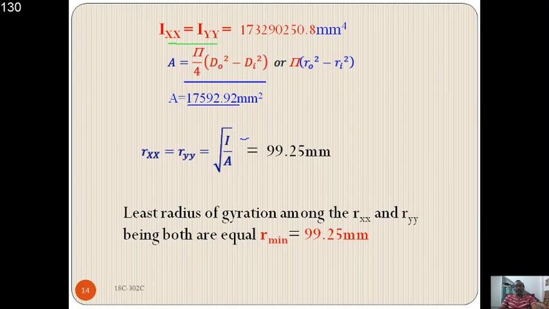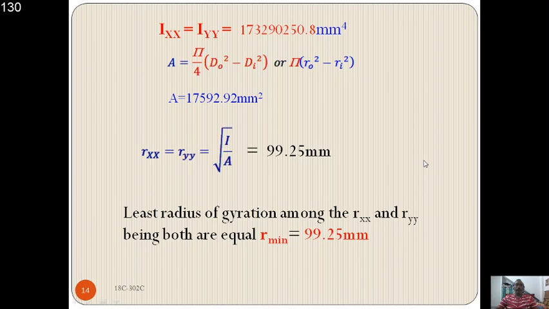After substituting those I value and area value in the formula, you obtain the value of 99.25 mm as the radius of gyration. For hollow circular sections or solid circular sections, Rxx is equal to Ryy. Hence, it is the minimum value. Therefore, 99.25 mm is the least radius of gyration, which is equivalent to Rxx and Ryy.